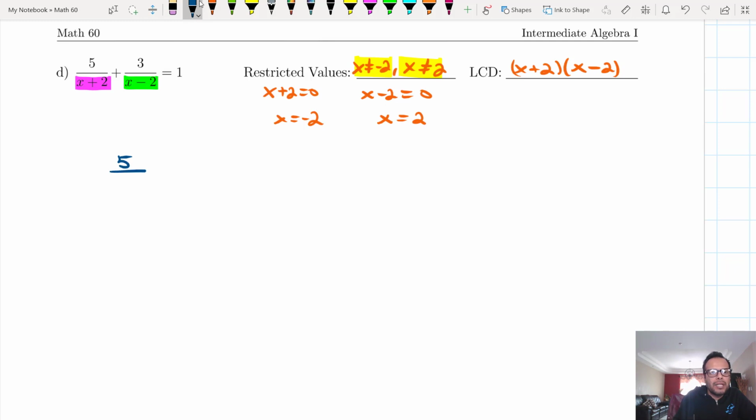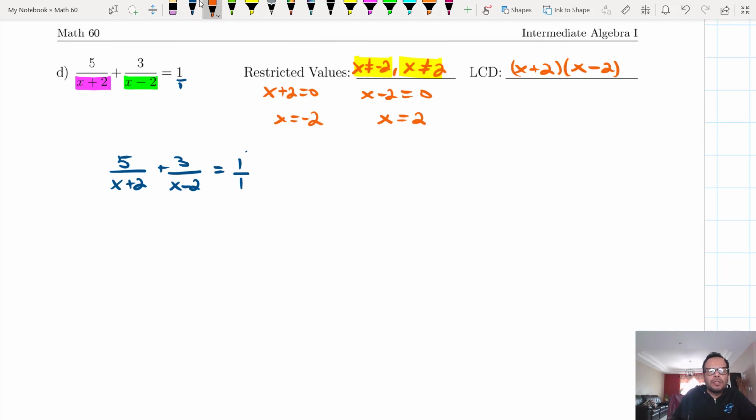Okay, so let's rewrite the equation. 5 over x plus 2 plus 3 over x minus 2. And keep something in mind, there is an invisible 1 right here, so this is 1 over 1.